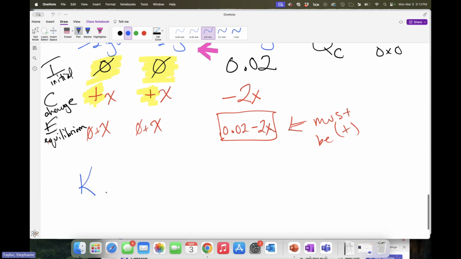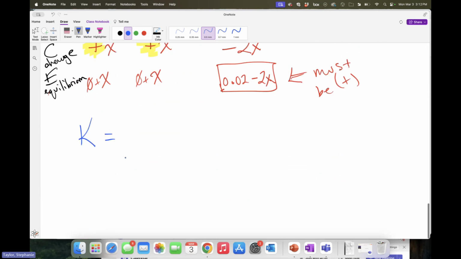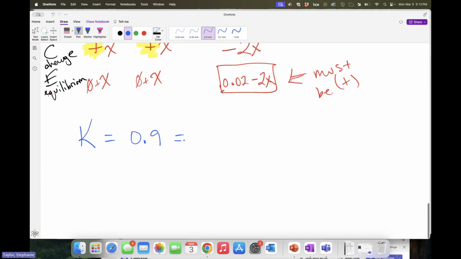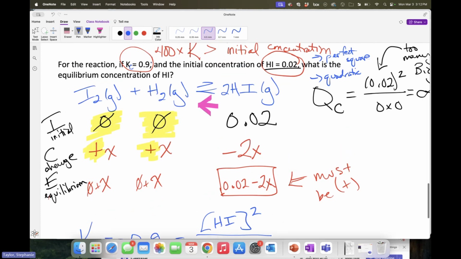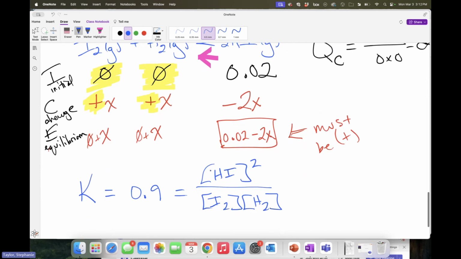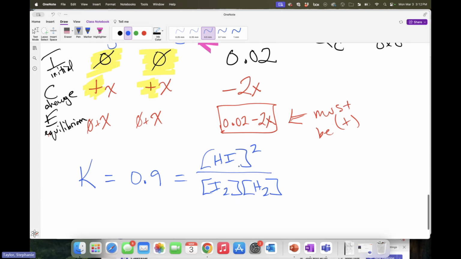I've got a K value. My K value is 0.9. That K value is equal to, I'm going to put in my concentrations, products over reactants, using the coefficients as exponents. So I'm just going to write my K expression in here to have that good practice. So I've got my K value from the problem, my 0.9, and I've got my expression.